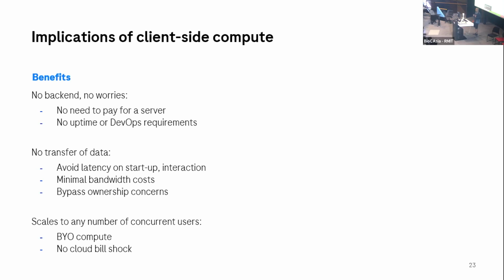The application maintainer is not responsible for provisioning server capacity or EC2 instances in order to get the analysis done. So this is quite nice, especially from an application owner's point of view, because it means that I don't get any sort of bill shock from cloud auto scaling when a whole bunch of people decide to use the application after they hear some kind of presentation about it, for example.